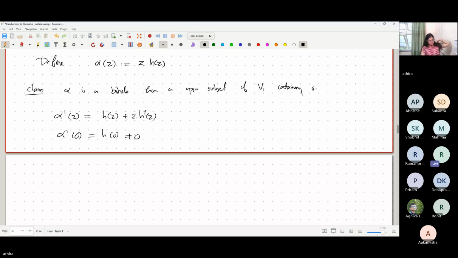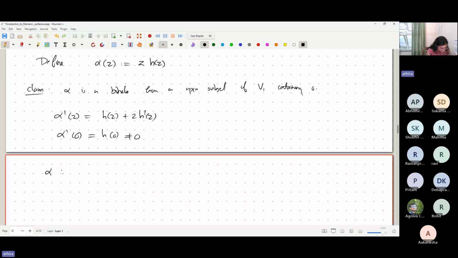Yeah, using the inverse function theorem. This alpha is holomorphic, injective, and it's actually biholomorphic in some neighborhood of 0. Okay, then we are done with our claim. Alpha is a biholomorphism from some open subset of 0.